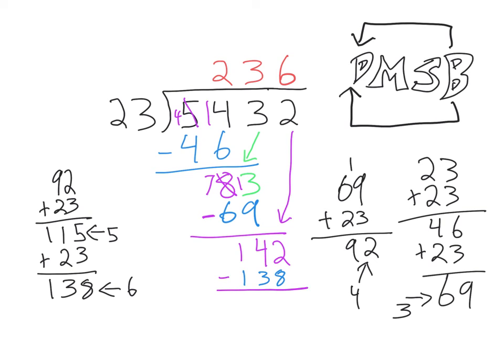Can I do 2 minus 8? No. 12 minus 8. That's 4. 3 minus 3 is nothing. 1 minus 1 is nothing. There's nothing left over here. There's the number 4. Remainder 4.